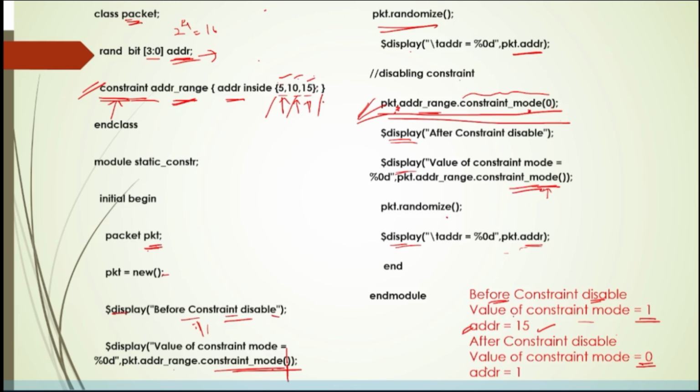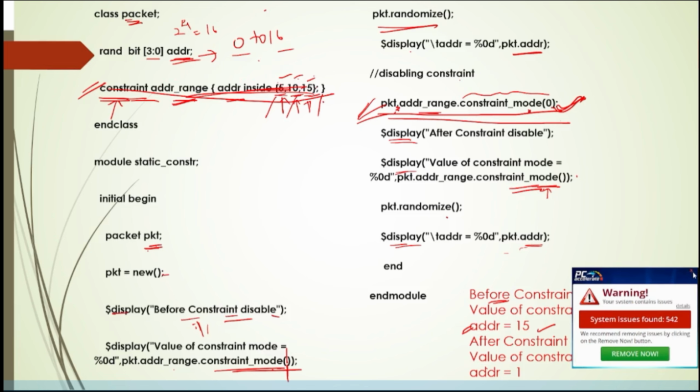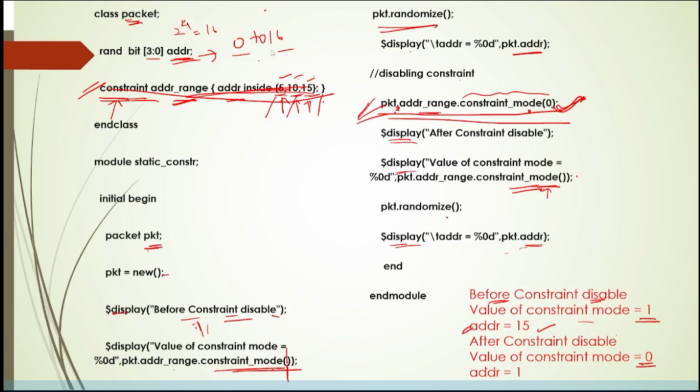Now since you have disabled that, the value can be anything between 0 to 16. It can be 5, 10, and 15, but it can be anything between 0 to 16 because you have completely disabled this particular constraint by calling this function. Since you have called this function, this particular condition is disabled, and that is why it is the original randomization without any limitations being taken into consideration.